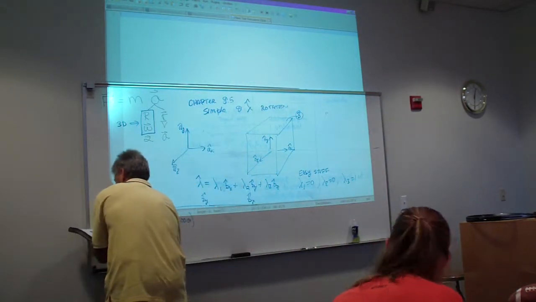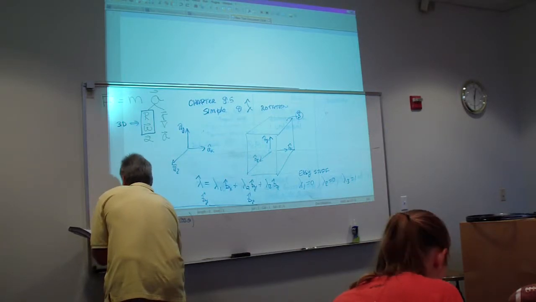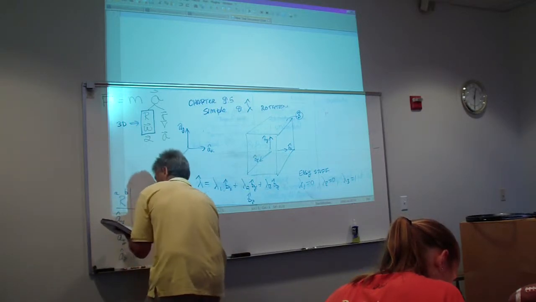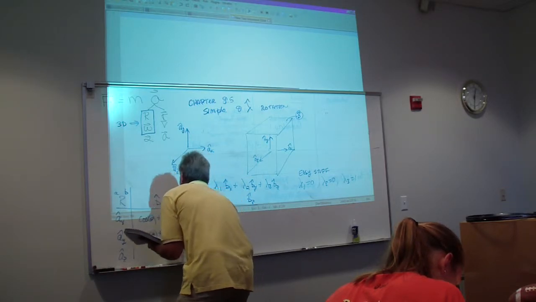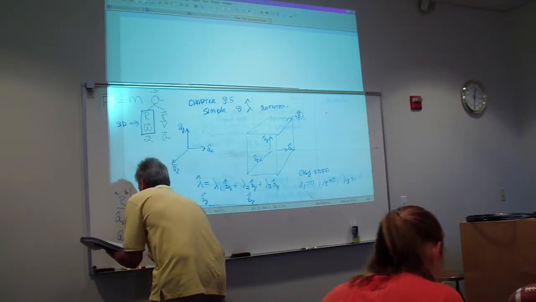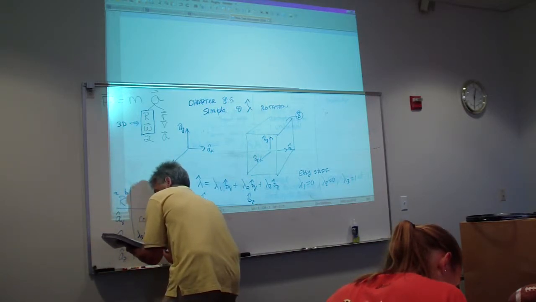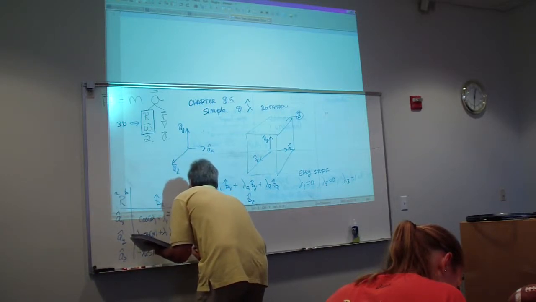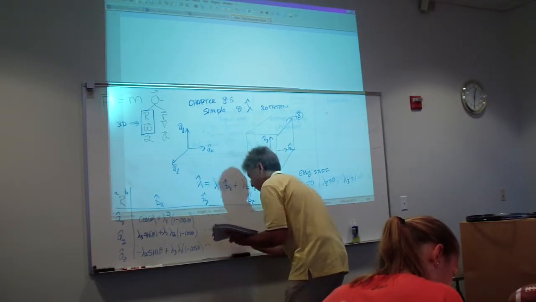So this one is lambda 3 sine of theta plus lambda 1 lambda 2 times 1 minus cosine theta. And the next one is negative lambda 2 sine theta plus lambda 3 lambda 1 minus cosine theta. And so on. So then you get two more elements.